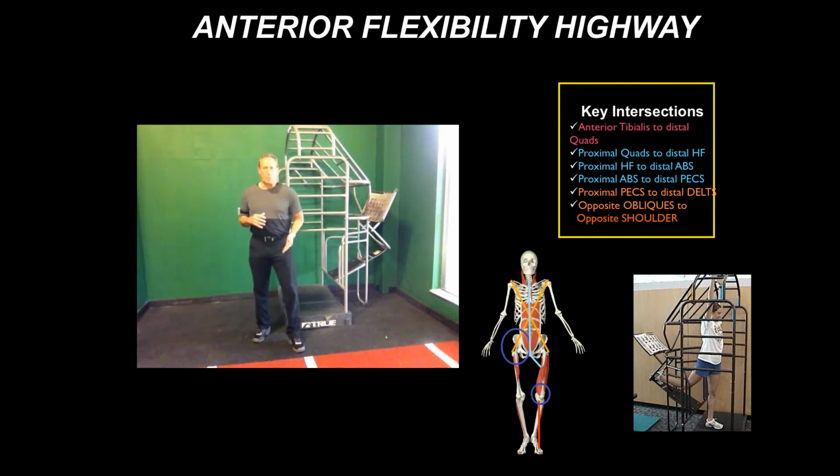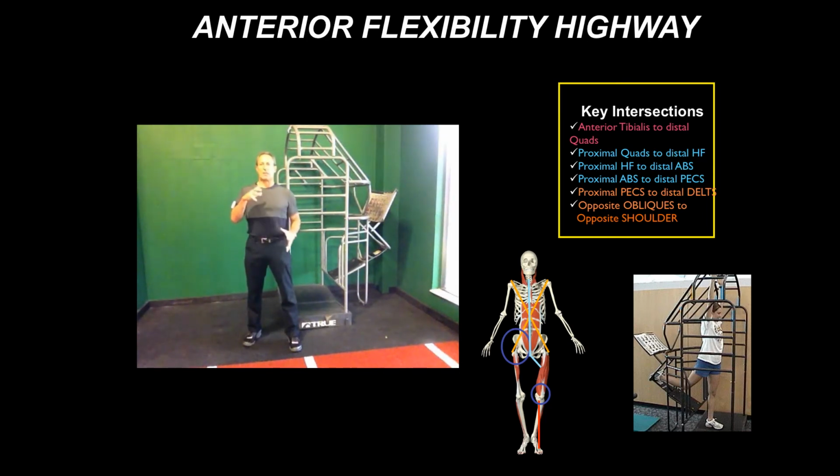The distal quadricep comes up, connects to the hip flexor, to the abdominals, into the pec, into the cervical flexors. If you have good motion in the anterior flexibility highway, that is going to allow extension moments. But when we get limited in any part of these structures, that can create a compensation due to the limitation through that particular flexibility highway.